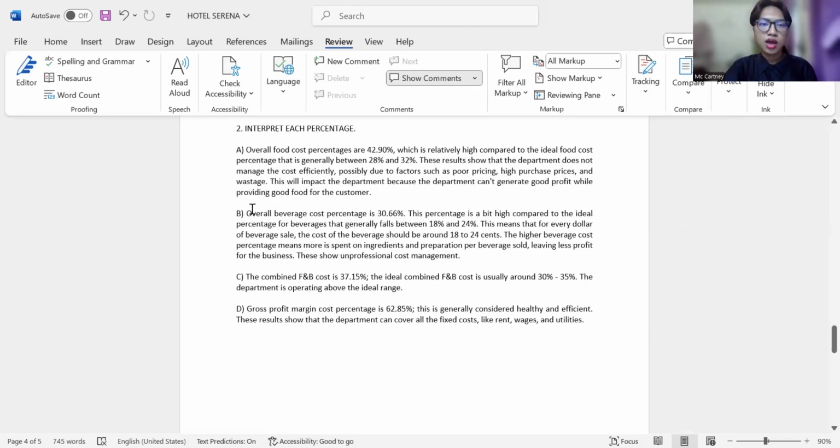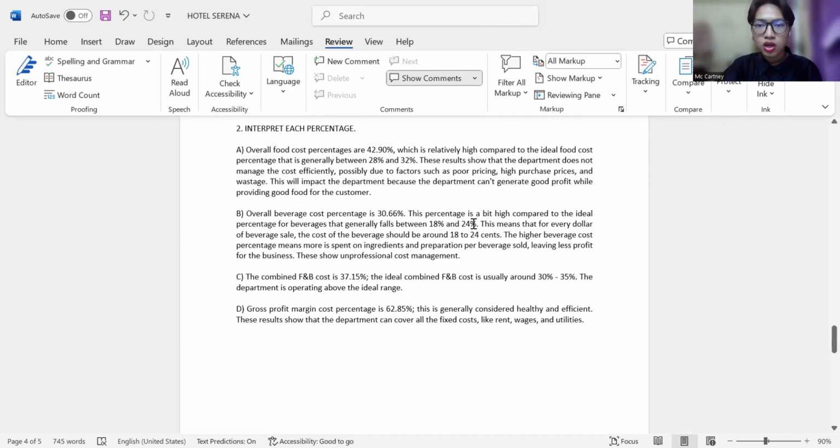If you look at the overall beverage cost that we calculated, it is 30.66%, and this is also a bit higher than the ideal percentage for beverage that generally falls between 18% and 24%.